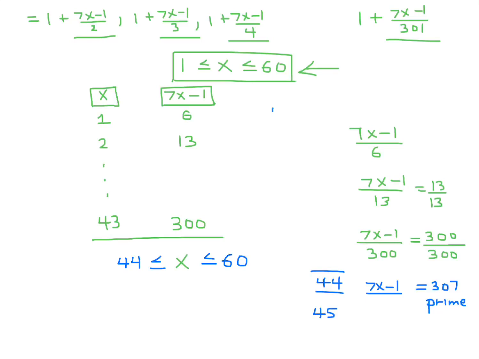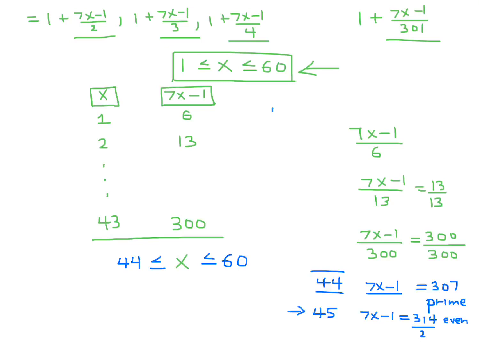But what about 45? When I get to 45, 45 times 7 minus 1 is 314. And 314 is an even number, and therefore it's going to be divisible by 2. So 314 over 2 is not in lowest terms.